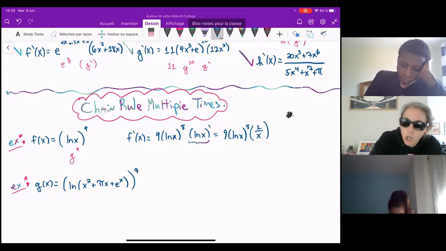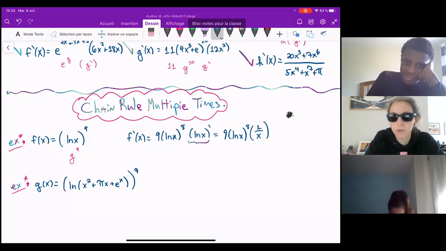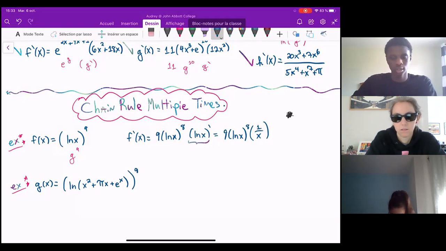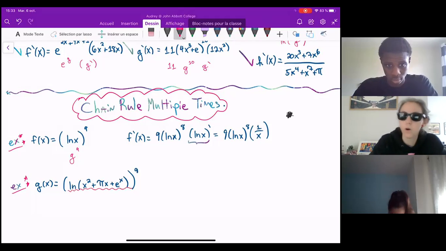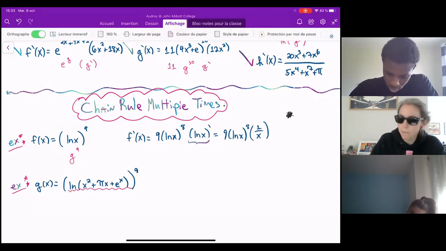Am I going to start this the same way that I started the previous question? Do I still just have a g to the power of 9 here? It's a different question, but this whole ln right here, is it all to the power of 9? It is.